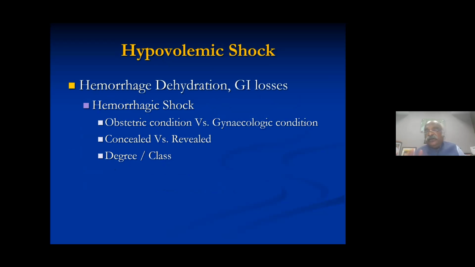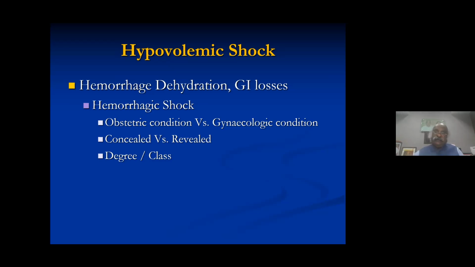Now, a little bit about the details of these different types of shock. In hypovolemic shock, as I've told, hemorrhage is the primary thing. Rarely, GI losses and dehydration could be attributable. Every one of you, including me, has observed over so many years the different indications and the spectrum of hemorrhagic shock, both in obstetric practice and gynecological conditions.